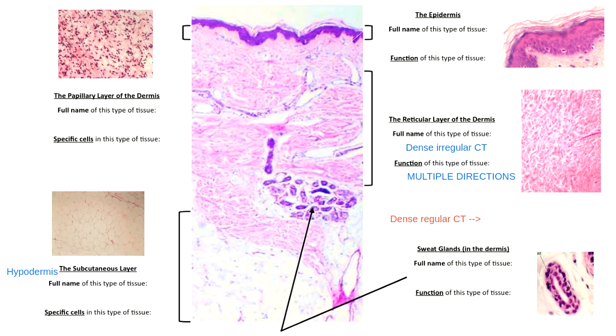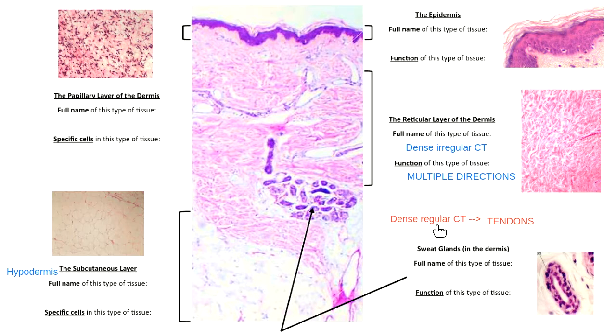Dense regular connective tissue, the biggest place to know that one is that it's found inside tendons. And here's the thing, yeah, tendons and ligaments, to be fair, they both connect things together. Here's the thing with dense regular connective tissue. This is a kind of tissue that also has a bunch of proteins, that's what dense means, but these proteins are arranged regularly. They're all going the same direction.